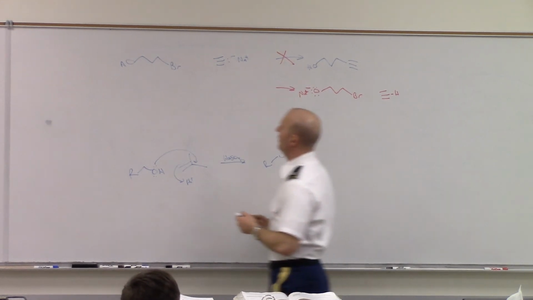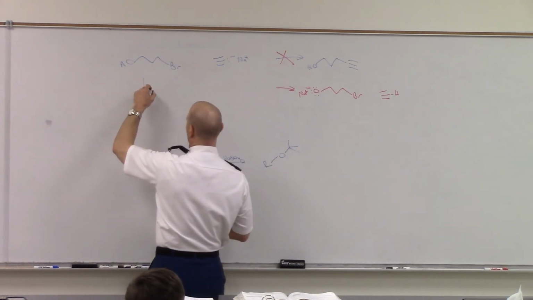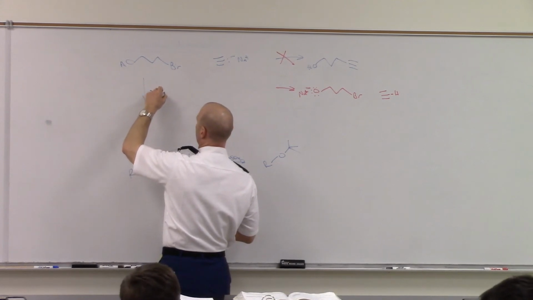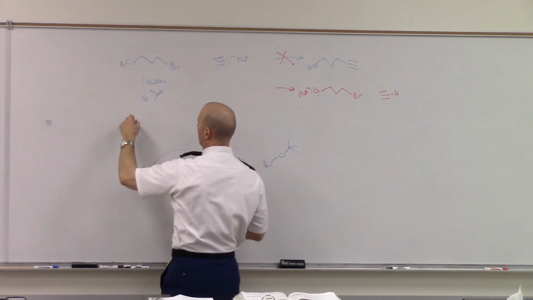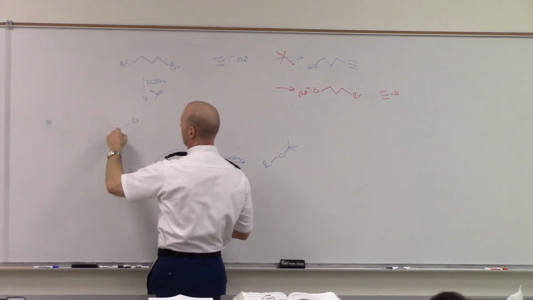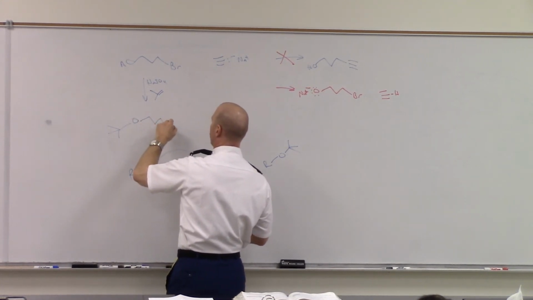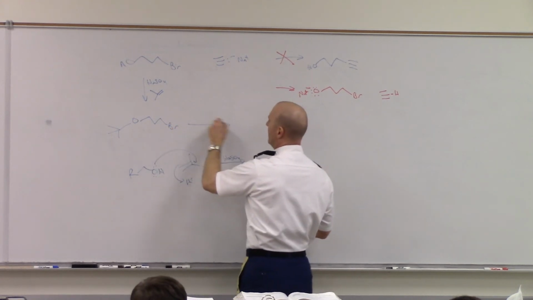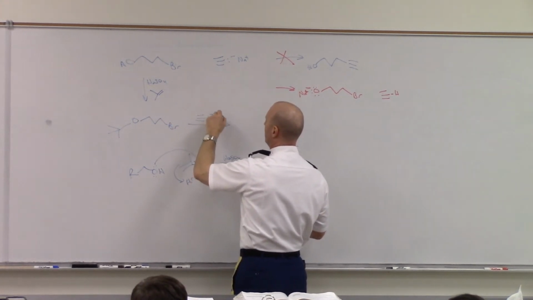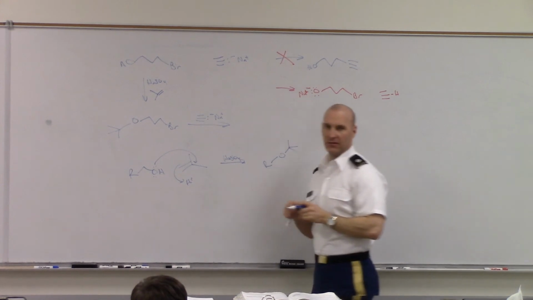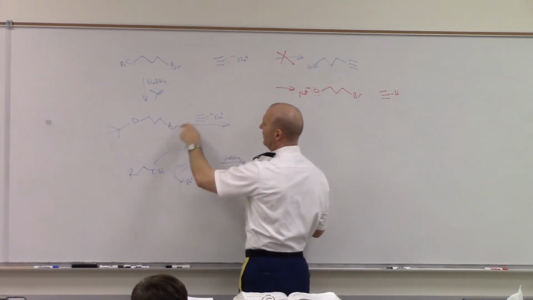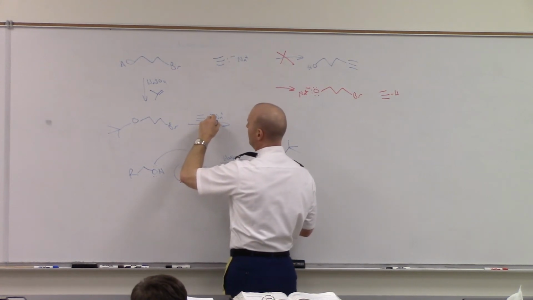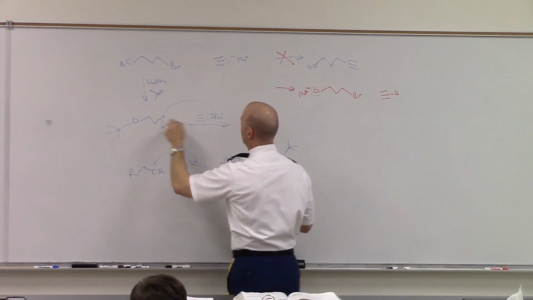So we protect the alcohol, we take this, we react it with this and some acid, and we get the protection. Then we react it with the alkyne anion. It's going to do a substitution reaction here.